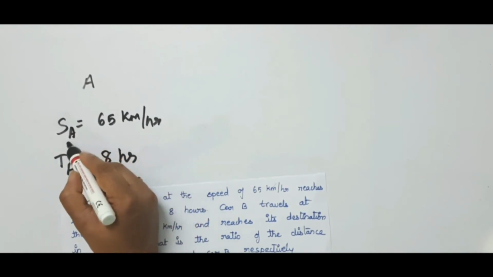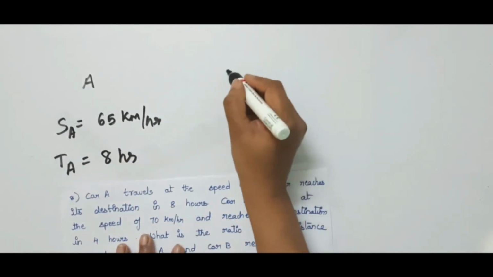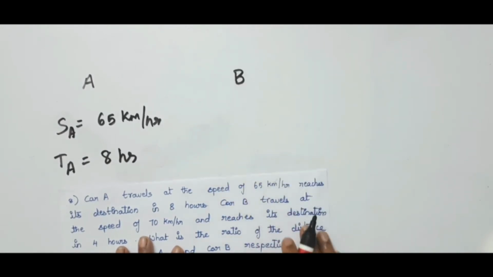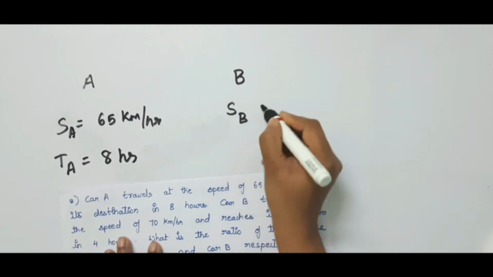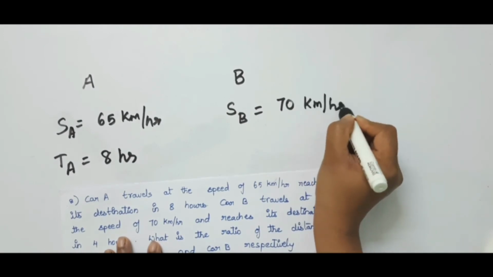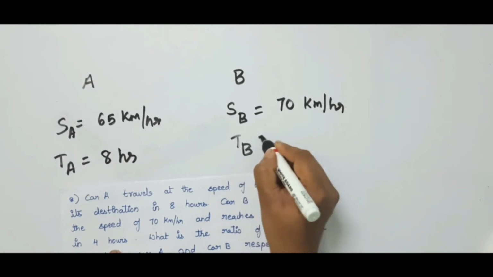This is the speed for car A and this is the time for car A which is given. For car B, he has given speed is equal to 70 kilometers per hour and given the time as time B is equal to 4 hours.